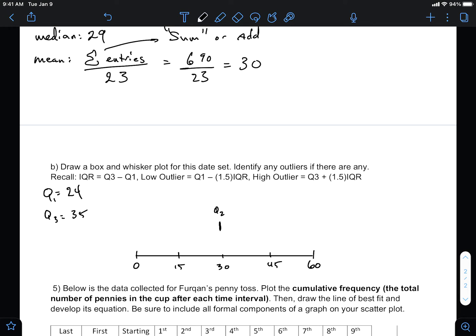Okay? So now I would go back on my graph, my little box and whisker. Also, don't forget I would call this number of pennies. I'd go find 35. Well, how do I find 35? I could dissect this into two more equal pieces. This would be 35, 40.